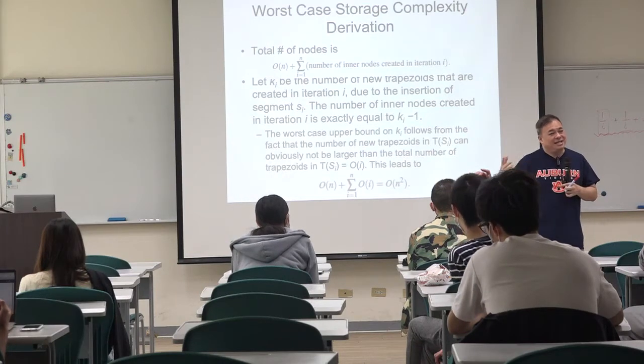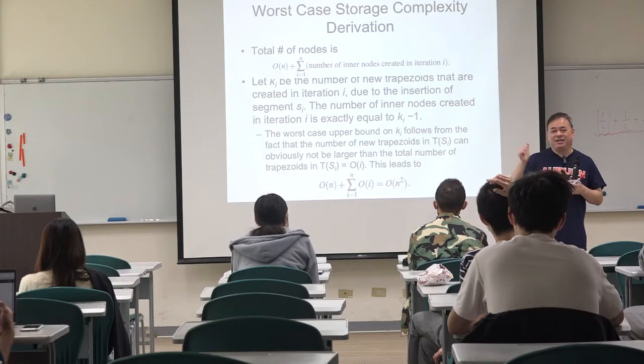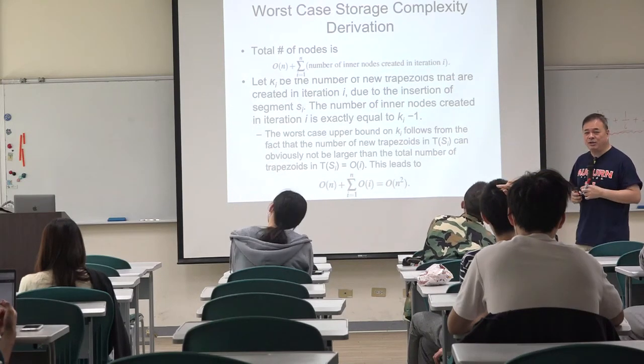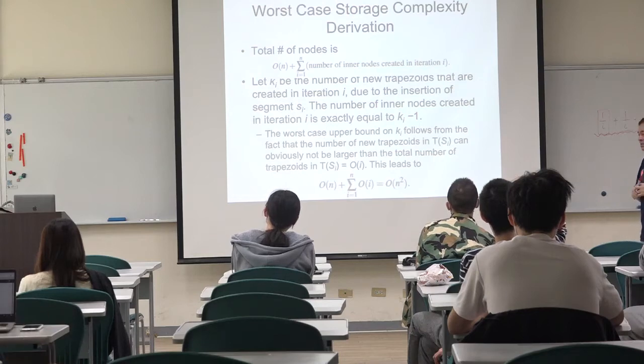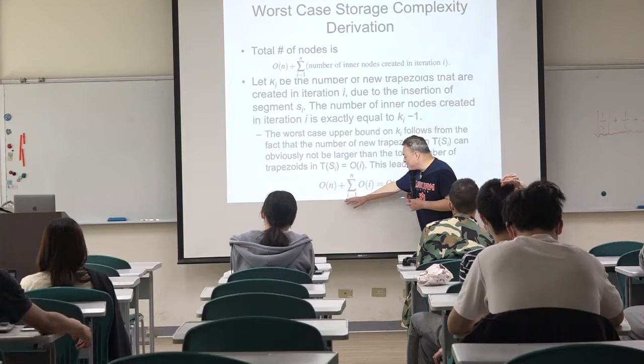But you get the idea. We are in computer science, so I don't need to care about that formality in mathematics. So big O(i) starts from 1 to n.